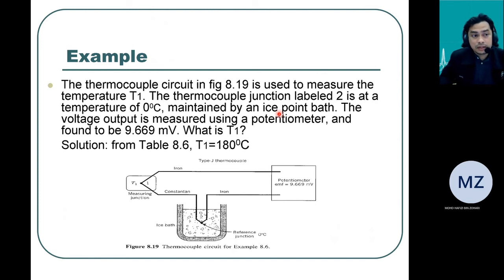Alright, so now we look at an example of how to measure. I think it's very easy and straightforward, because every thermocouple has its own table. You can refer to the table to convert the voltage. With this amount of EMF, it tells you what temperature we measure.